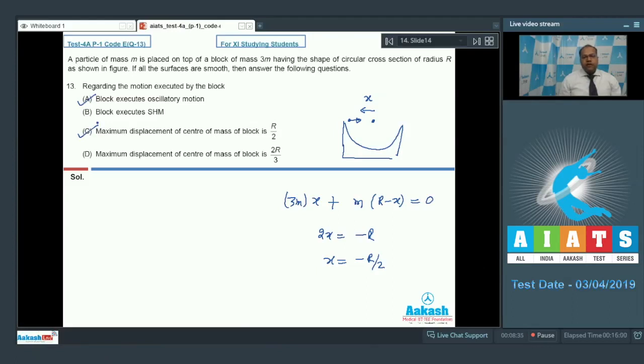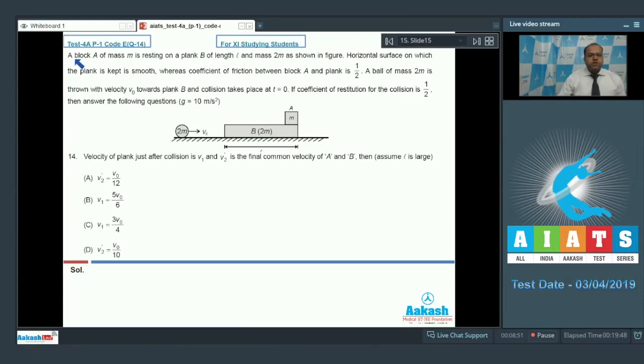Let's move to the second paragraph containing question number 14 and 15. So in the second paragraph containing question number 14 and 15, it is given that a block A of mass m is resting on a plank B of length L and mass 2m as shown in figure. Horizontal surface on which the plank is kept is smooth, whereas coefficient of friction between block A and plank is half.